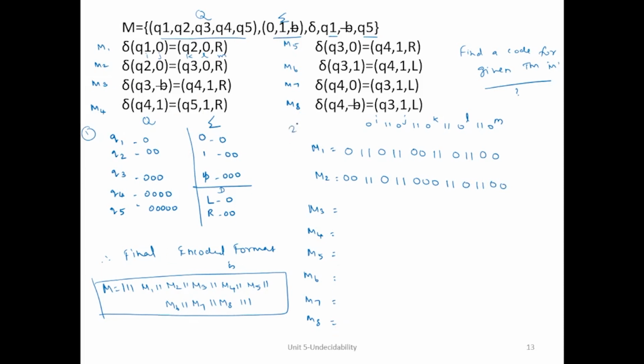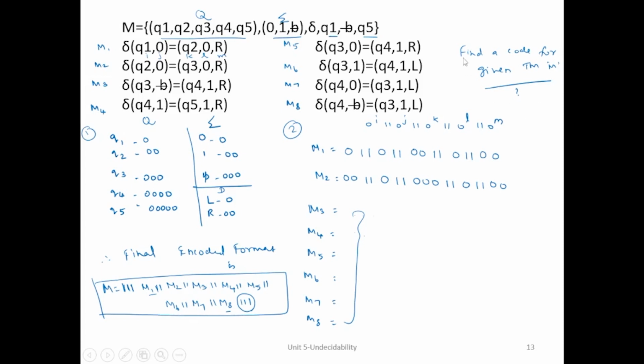This is step 2, so you write the answers for the remaining notations. Then the final encoding format is capital M is equal to 111 followed by M1 to M8 values. Each value should be separated with double 1. And then the last value should be 111. So this is the notation.